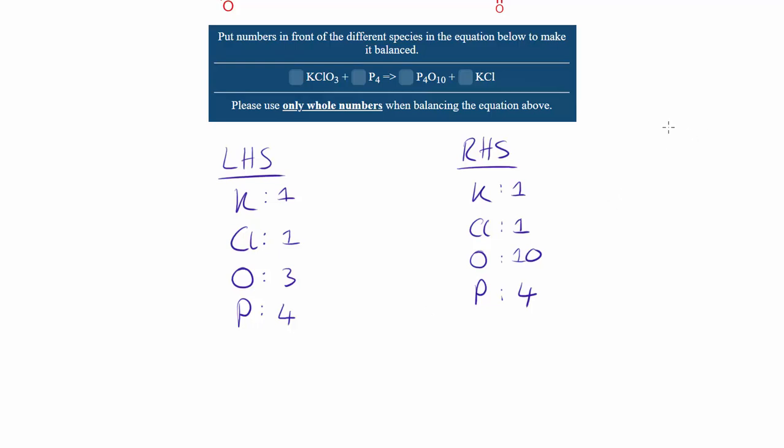So if we look at the left-hand side and the right-hand side, what do we find? Well, potassium and chlorine are quote unquote balanced, and the phosphorus, but the oxygen clearly isn't, right?